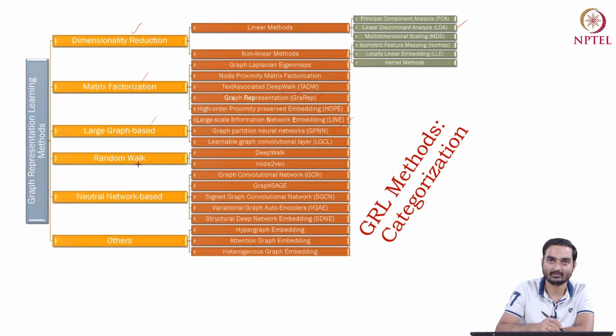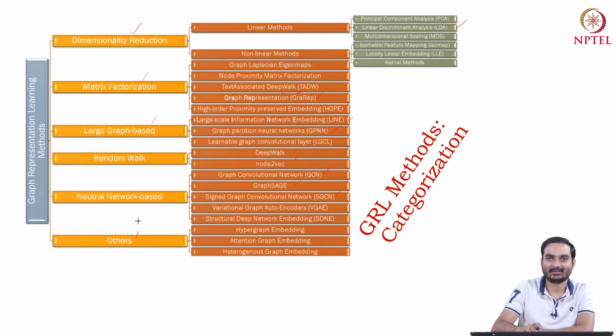There are approaches which use random walk based methods like DeepWalk, node2vec. There are approaches which use neural networks like graph convolutional network, GraphSAGE, signed graph convolutional network and so on. Then we have other methods which take care of signed graphs, hypergraphs, more of an attention approach, heterogeneous graphs and so on.